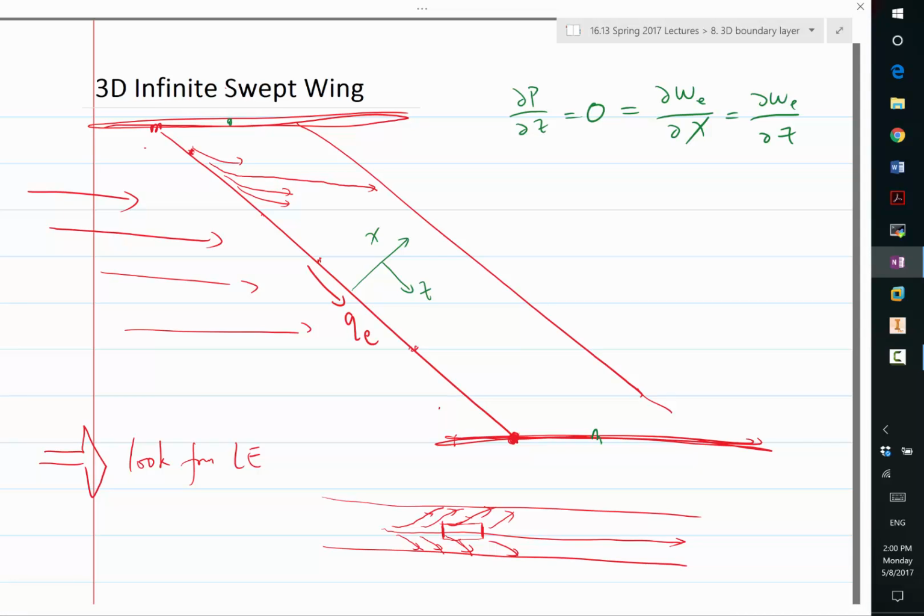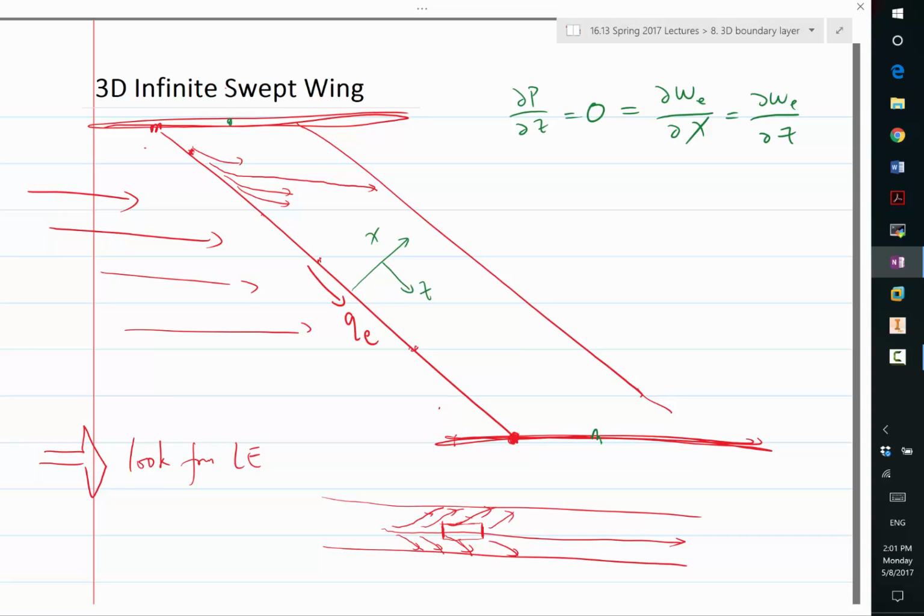This equation is true anywhere outside the boundary layer. As long as we don't have viscous effects to change the governing equation, this is the same not only for we, but for any w anywhere. The x derivative is 0, z derivative is 0. Okay?